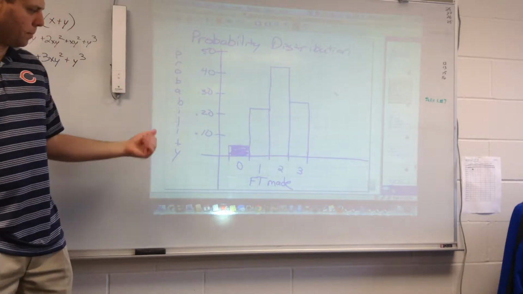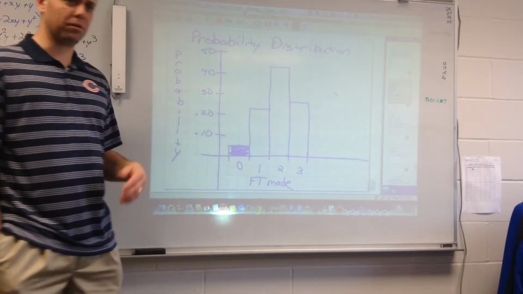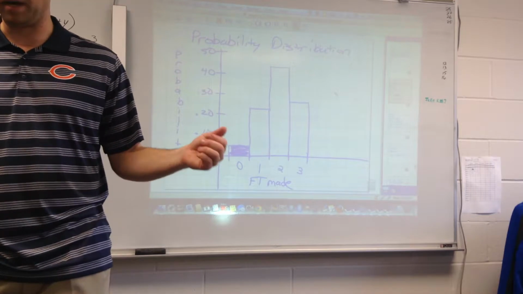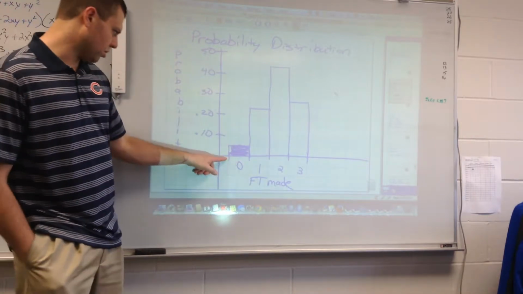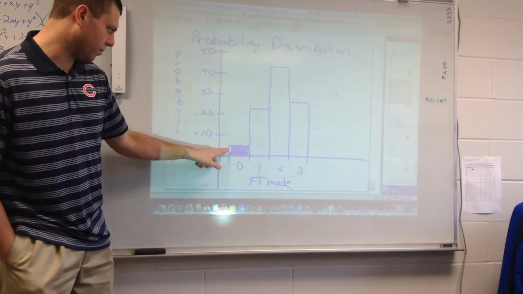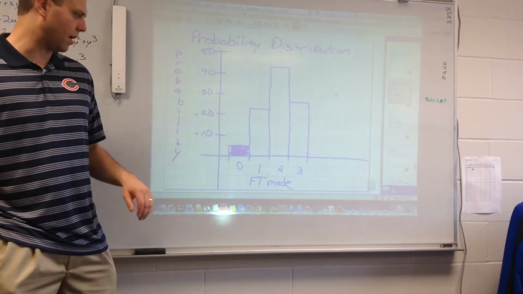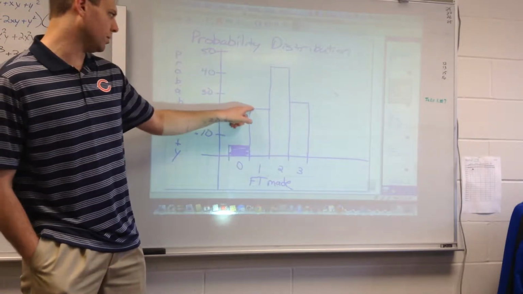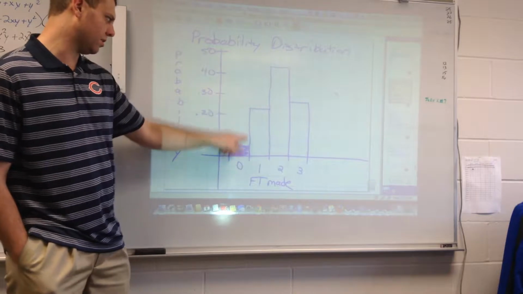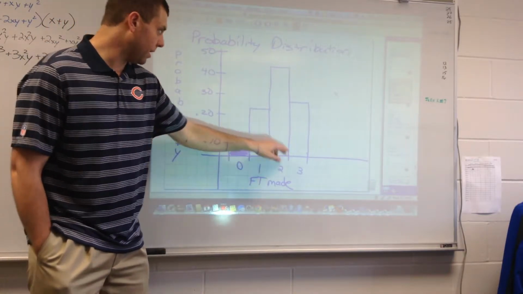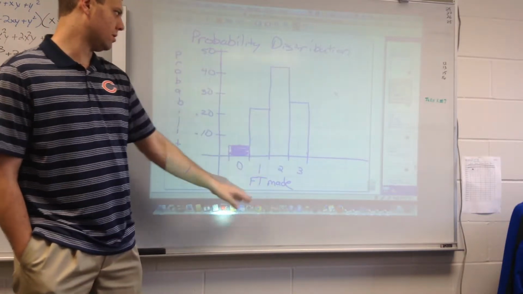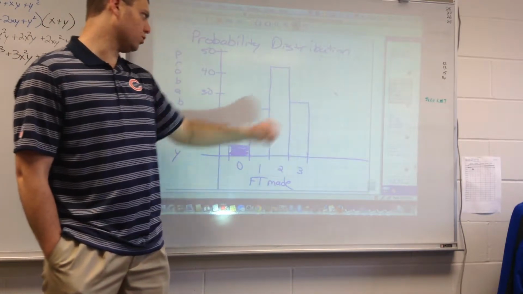So the probability that he made 0 free throws was about 0.04, so I went up to about 0.04 and made my bar there. Probability he made 1 was about 0.24, I think you guys said. Probability he made 2 was about 0.44. Probability he made 3 was about 0.27.